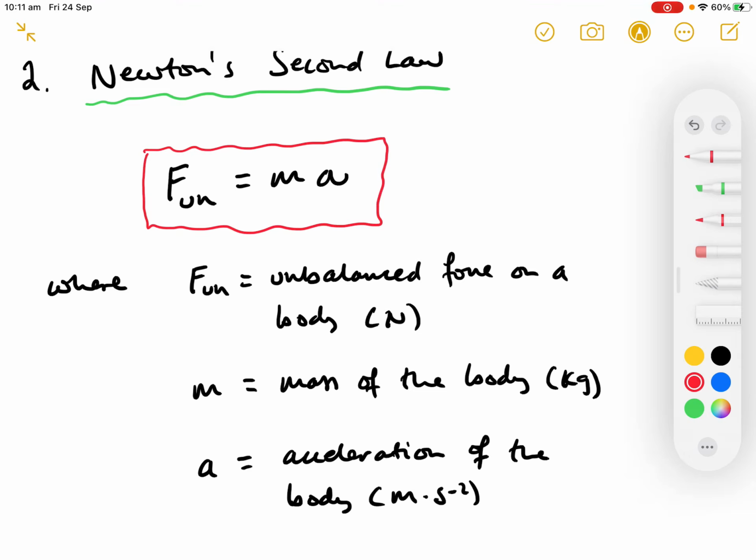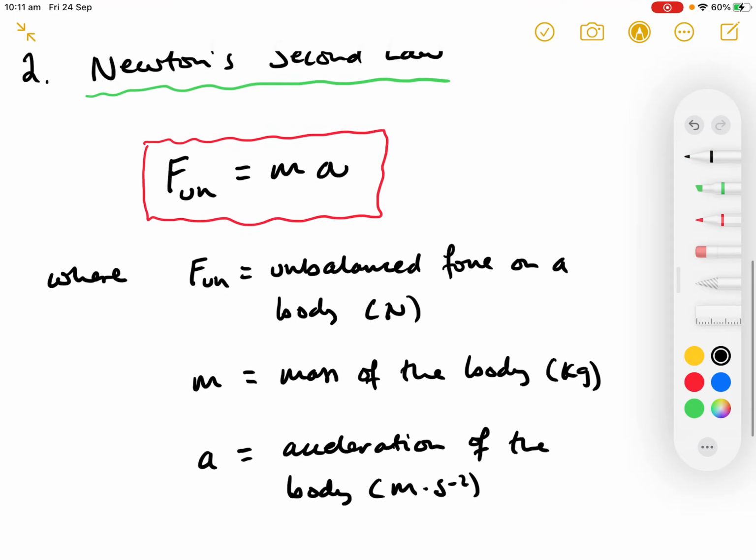Okay, so if you write all of that down and you refer to the body, then you have stated Newton's second law. We'll do an example on that in a minute.